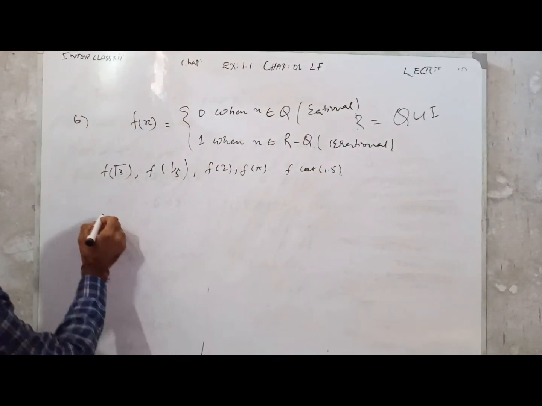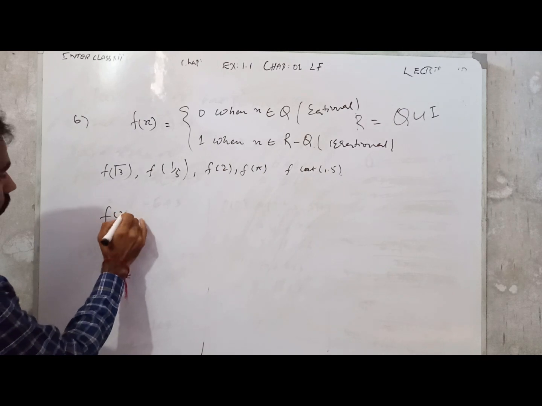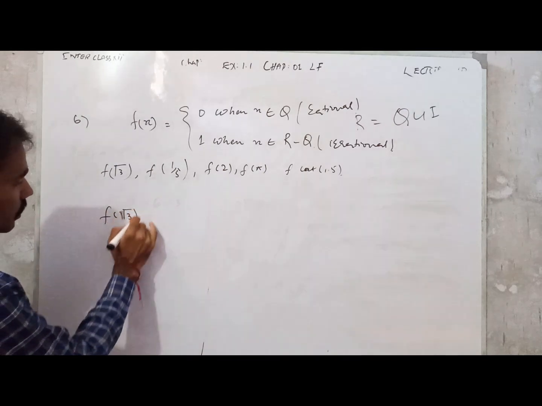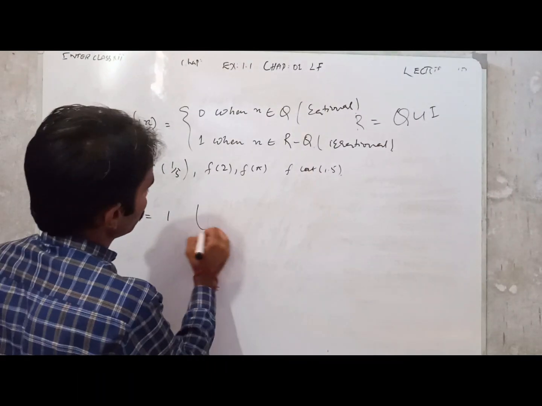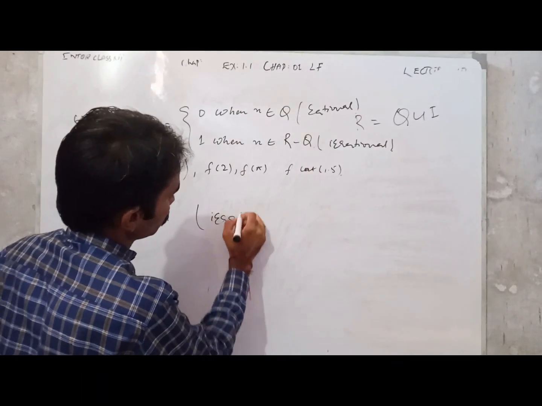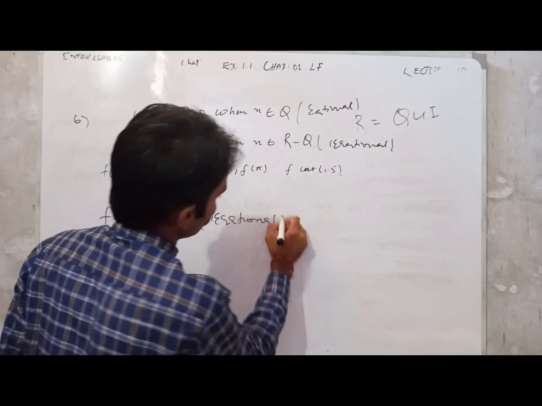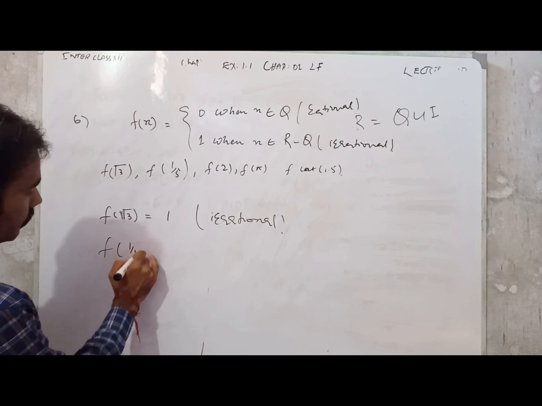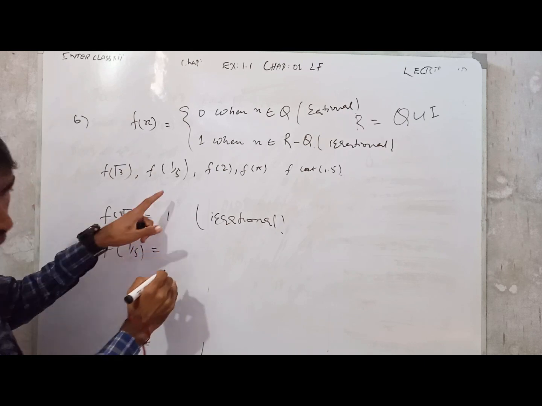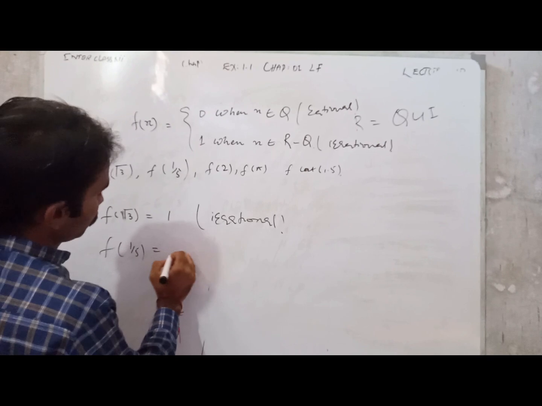So now we will put f of root 3. It will be 1, since root 3 is irrational. And f of 1 divided by 5 is equal to 0.